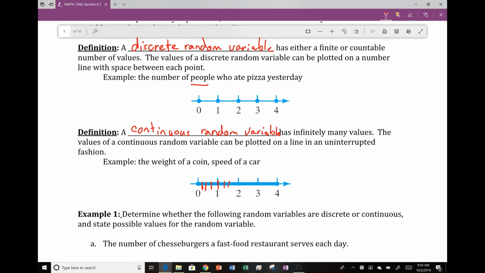The speed of a car is actually a continuous variable because it depends on the measuring device, how accurate it is. We don't automatically jump from 35 miles per hour to 36 miles per hour. We could be going somewhere in between. Most of our devices just do not measure it.